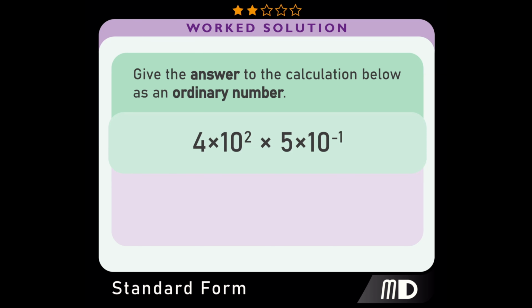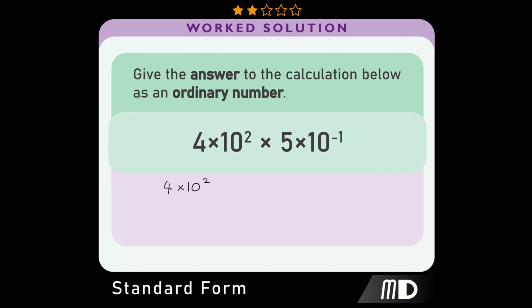Remember, we said we were going to answer this a second way. This time, we're going to change each of the numbers in the question, currently written in standard form, into ordinary numbers before we multiply them. Let's start with 4 multiplied by 10 to the power of 2.